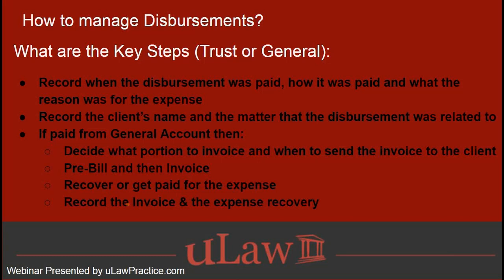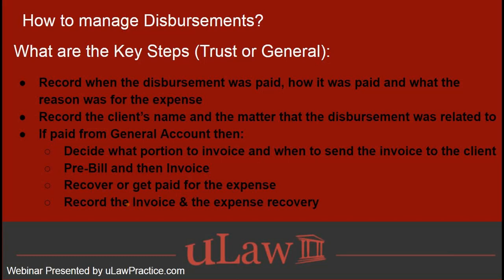So let's say you're writing a trust check. There's a court fee for a specific matter, and it's $100, let's call it. No taxes, tax exempt. If you're actually paying for that disbursement from your trust account, assuming that you've accepted a retainer from the client and there's actually a client's trust balance, there's money in the trust account for that client's matter, then that expense or that disbursement is taken right out of the trust account.